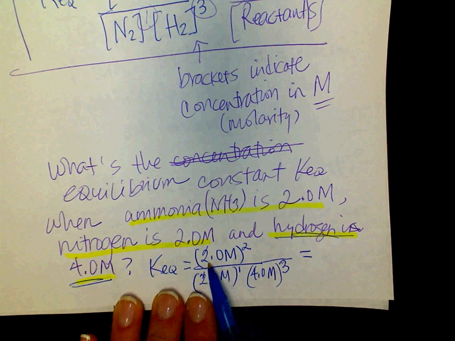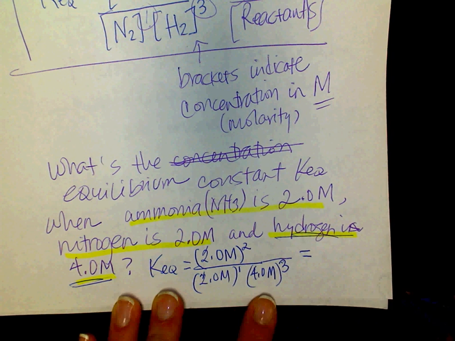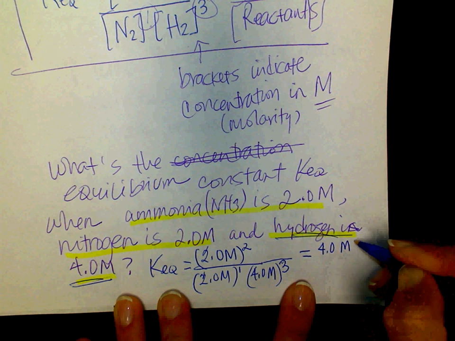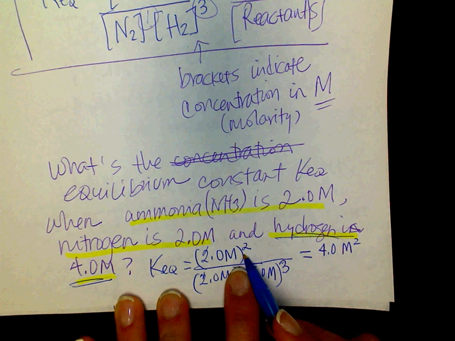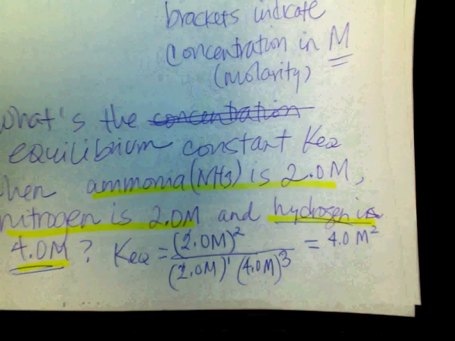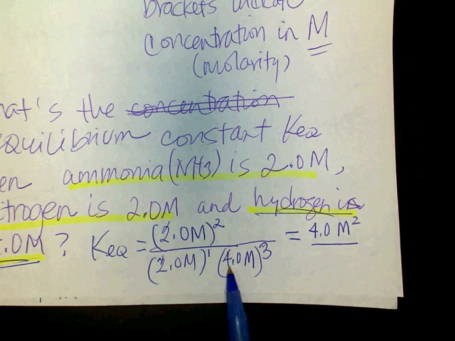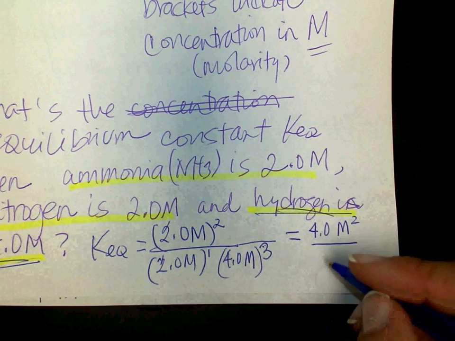Zach, what is 2 squared? 4. Does everyone see that the units here are molarity squared in the numerator? Now, Jasmine, what is 2 to the first? 2. And then what is 4 to the third?